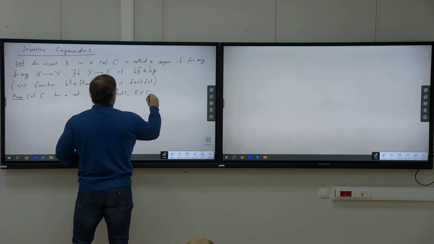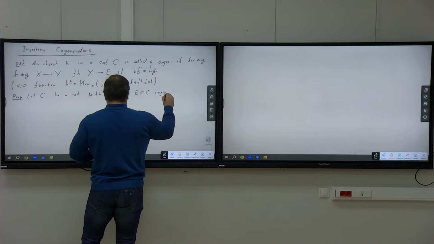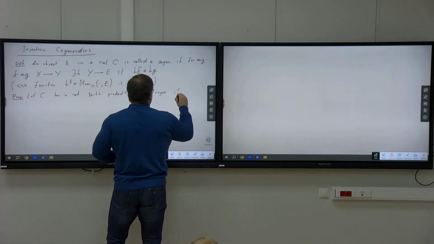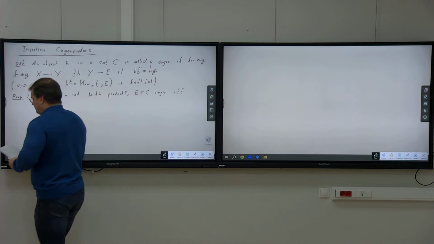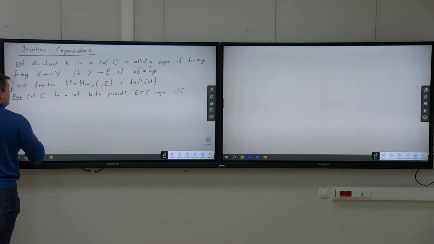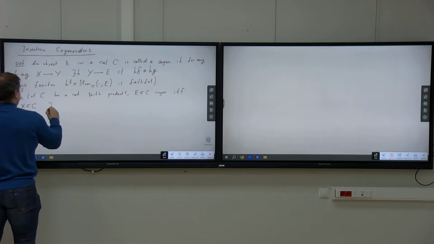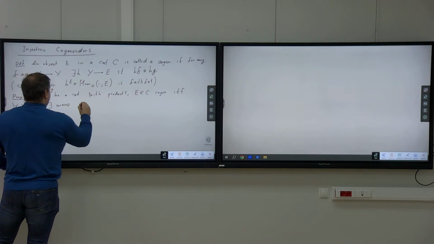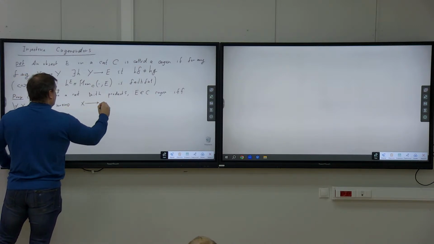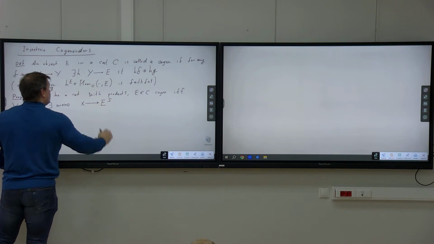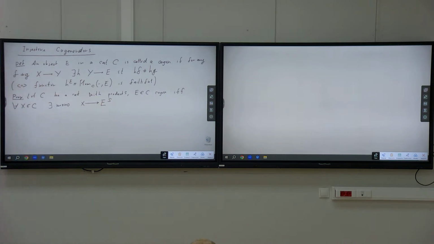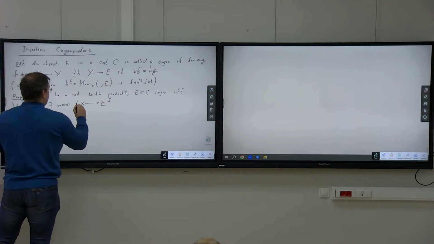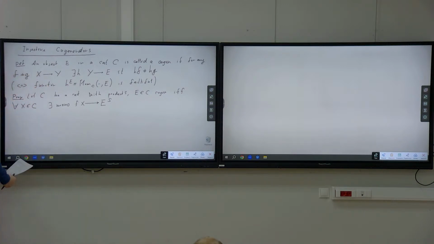Then E in C is a cogenerator if and only if for any object X in the category C there is a monomorphism from X to E to the power S. So you can embed X into some power of the cogenerator.